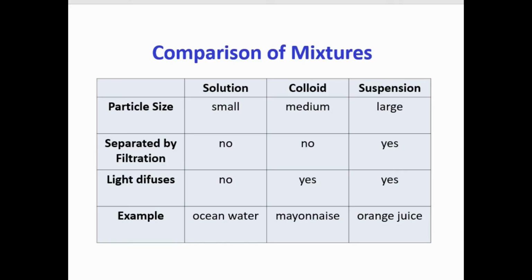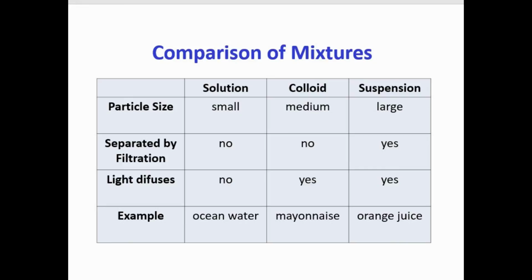What is important is this comparison of mixtures: our solutions, our colloids, and our suspensions. First, let's talk about them in terms of particle size. In a solution, the particles of solute are very small. In colloids, they're kind of a medium size. And in suspension, the particles are large, sometimes even large enough for us to see them.